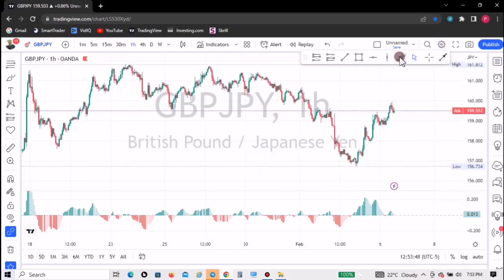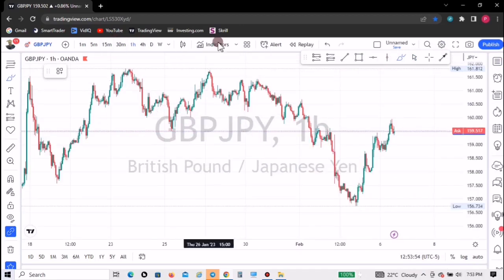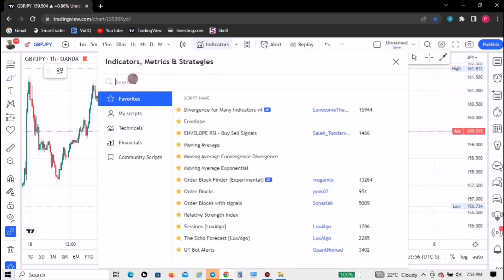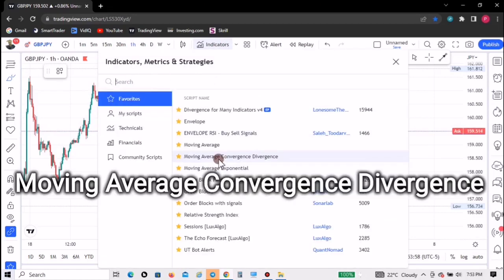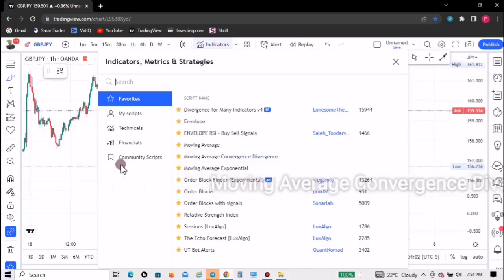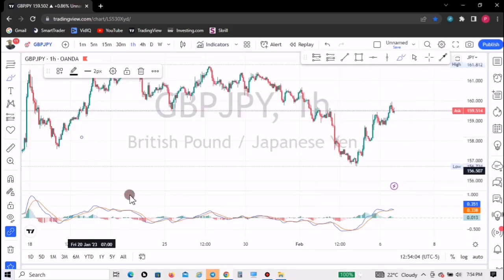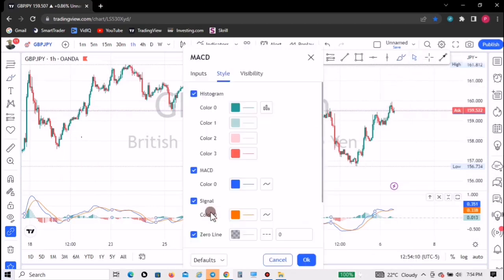On the MACD, let me set this MACD. You come to the indicators, you type moving average convergence divergence. You select that, and then you double click on the MACD.